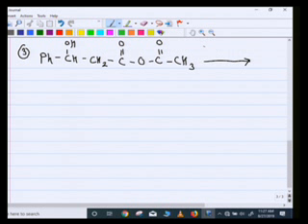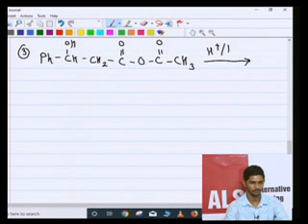Now, when I treat it with acidified water, this behaves as a leaving group.